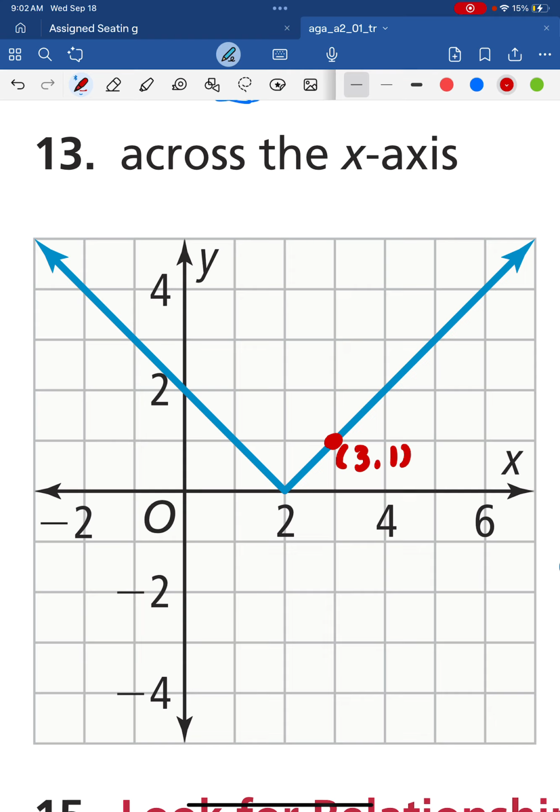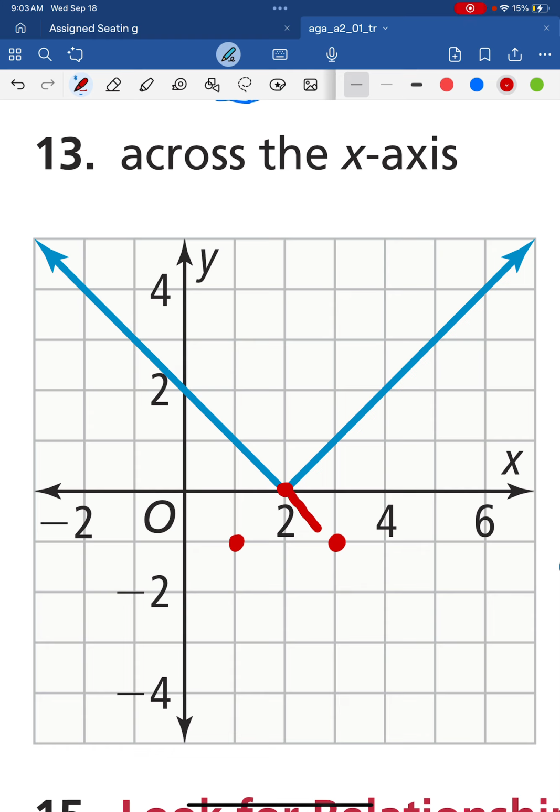If I'm flipping this across the x-axis, all I have to do is make my 1 negative and keep my 3 the same. The coordinate point, this one is 2, 0. Can't make 0 negative, so I'm going to leave that alone. This coordinate point is 1, 1. So I'm going to make this 1, negative 1.